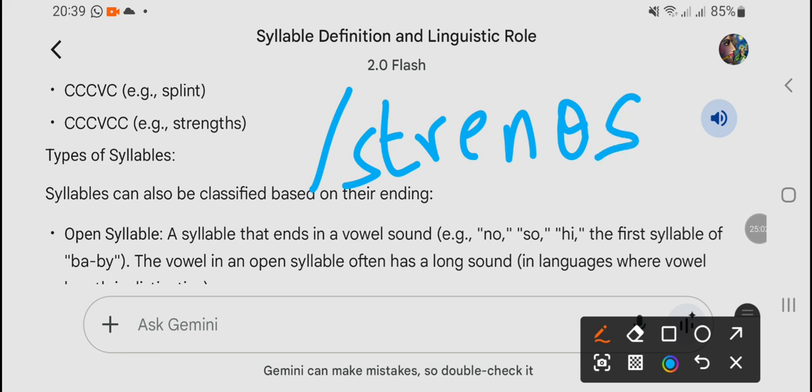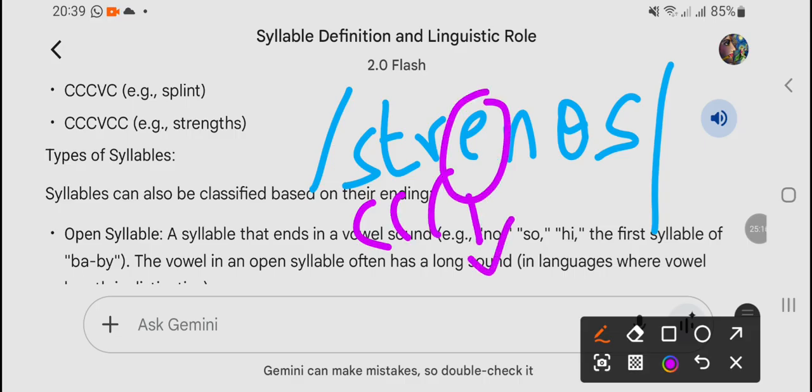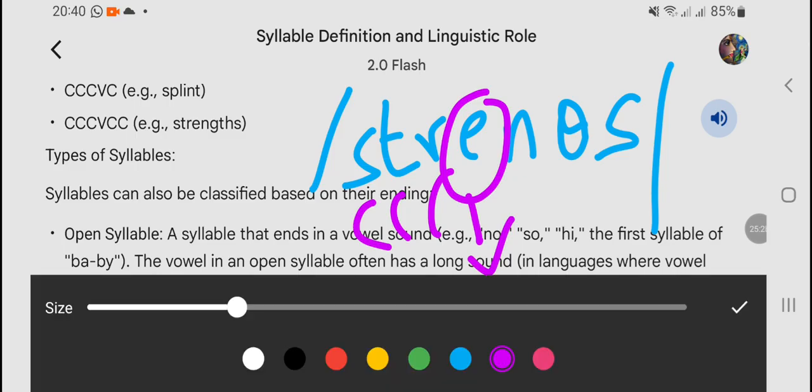Strengths: consonant, consonant, then vowel, and more consonants. Here you can learn one more thing: this sound, th and s, are not separated.